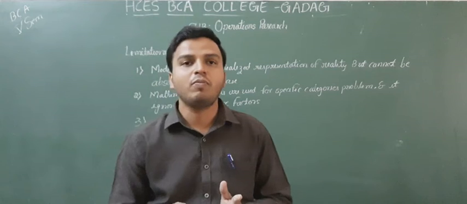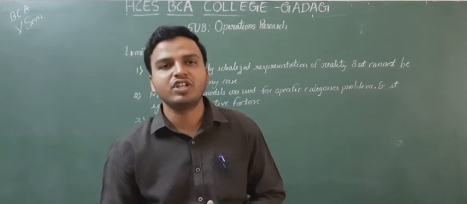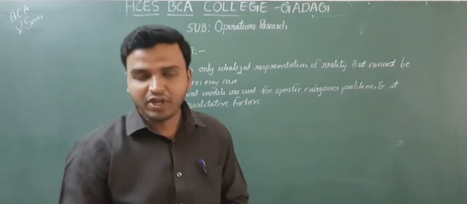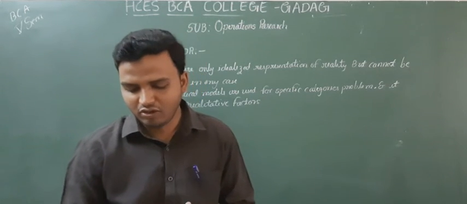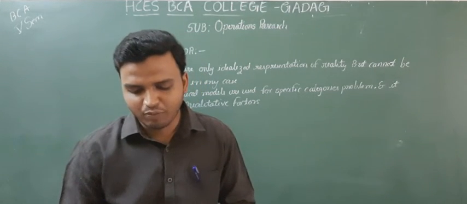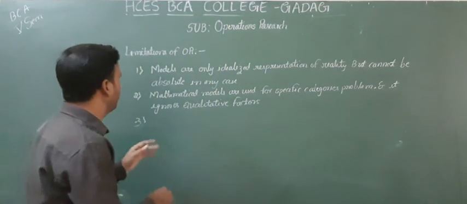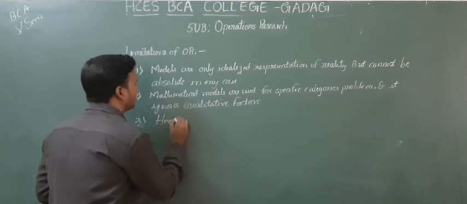So that problem requires huge calculation which cannot be handled manually, and requires computers, resulting in heavy cost. So the third demerit is heavy costs.